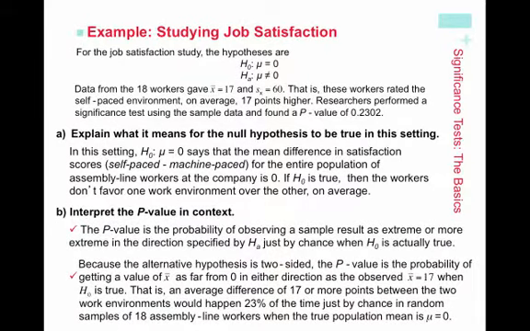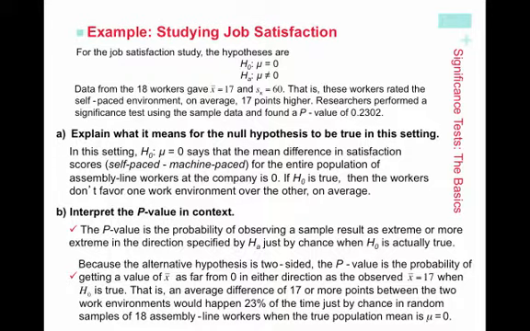All right, so the p-value is the probability of observing a sample result as extreme or more extreme in the direction specified by the alternative hypothesis, just by chance when H0 is true.